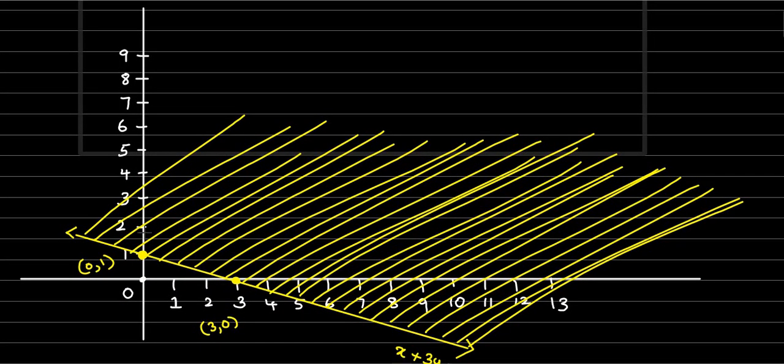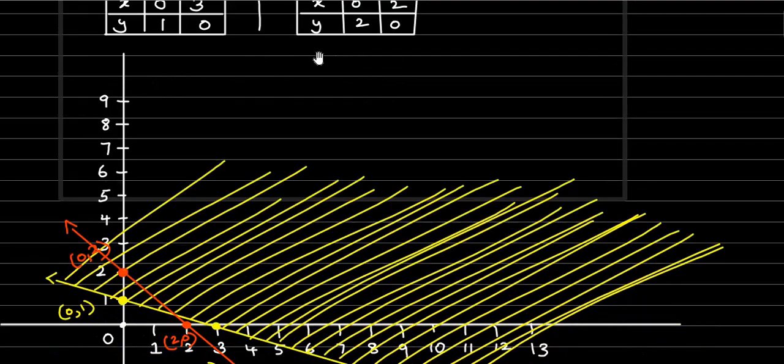So we will have it here. 0 comma 2 this point, 2 comma 0 this point. I'll just write it here itself. This point is 0 comma 2 and this point is 2 comma 0. Now on connecting these two points, yeah, we got a line of x plus y equal to 2.